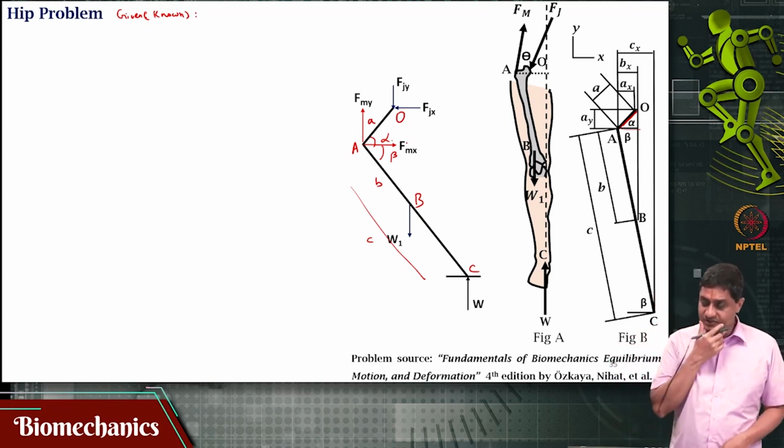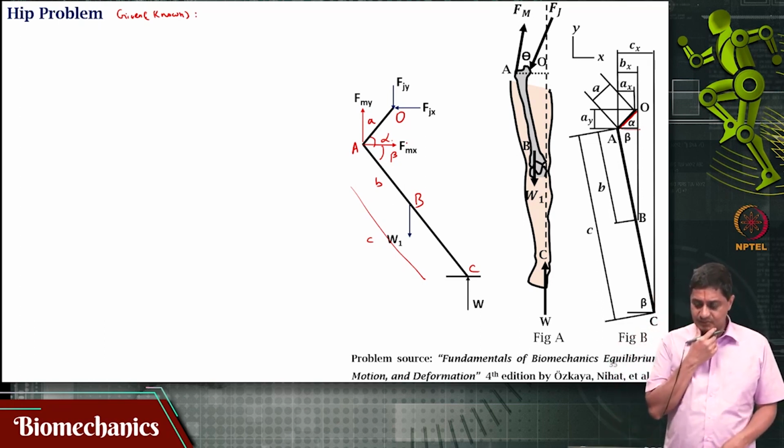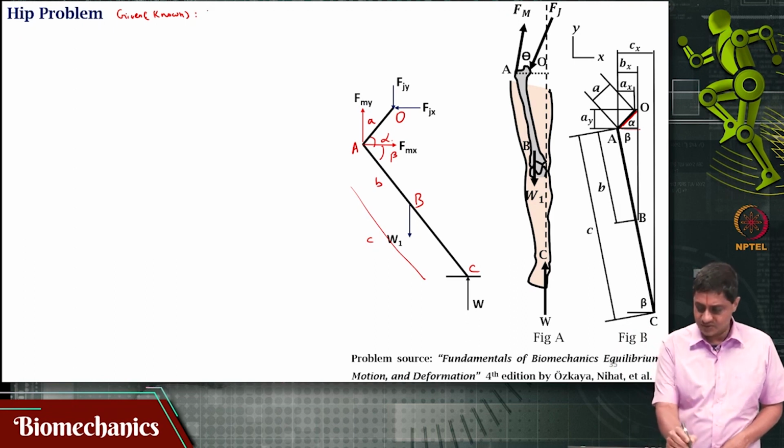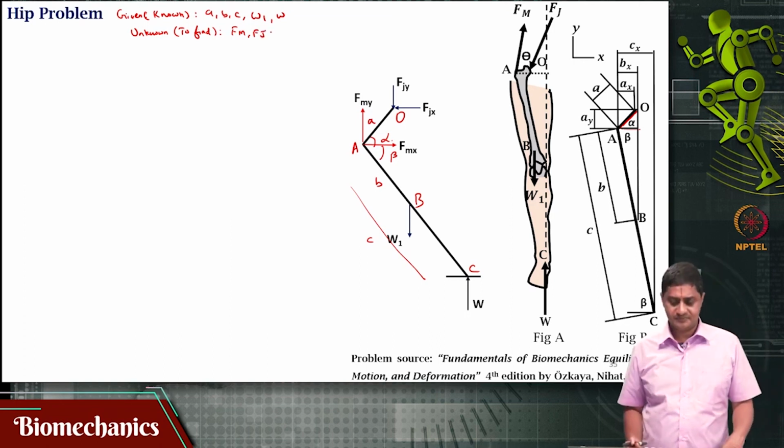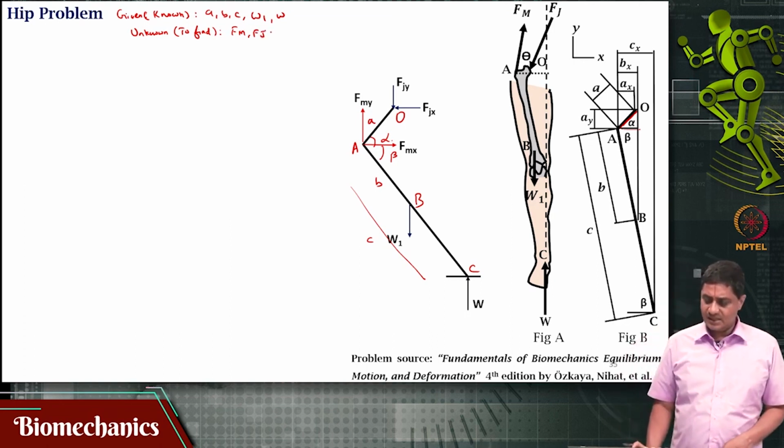Now, can I resolve Fm in terms of theta? What is known is small a, b, c, W1, W. The unknowns to find are Fm and Fj. Can I write out Fm in terms of its components?